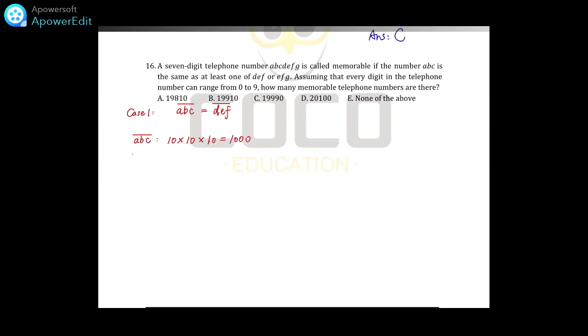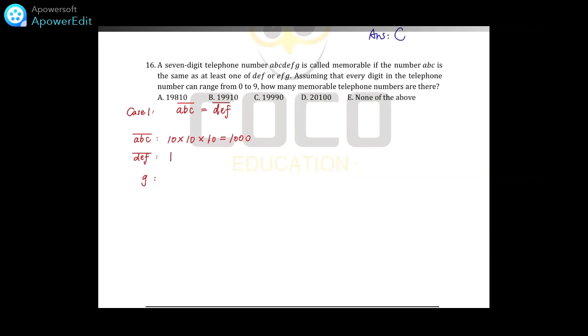DEF follows the same number, so it's just one way, because these two are the same. Essentially, you can treat it as one group. Now, the last letter, G, can be anything from 0 to 9, 10 ways. Combining everything, 1000 times 1 times 10, that's 10,000 ways.